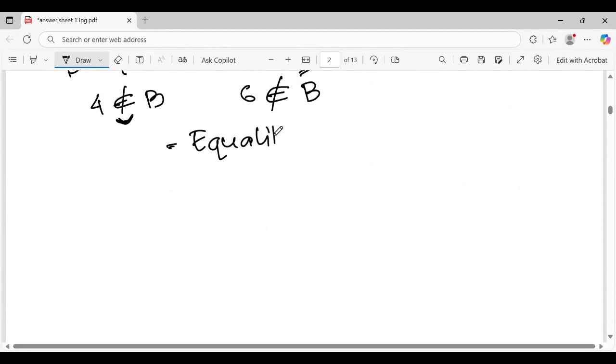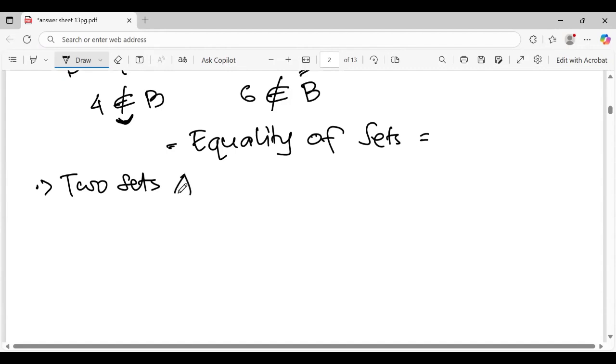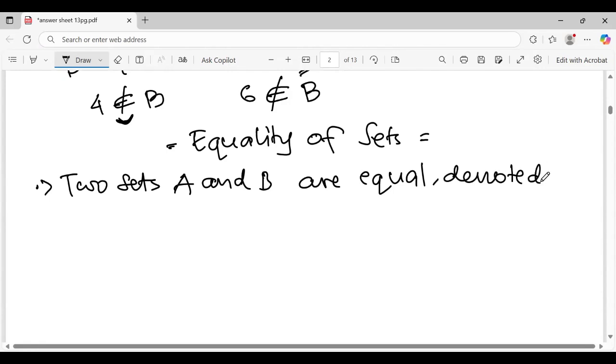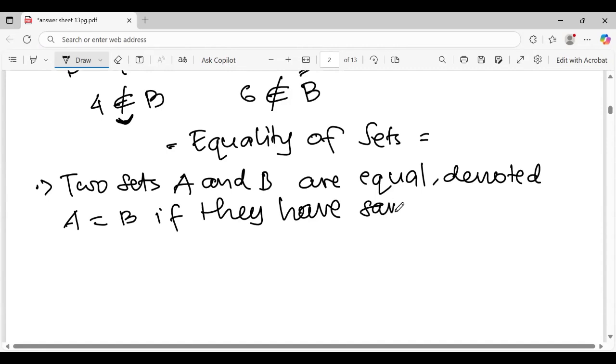Two sets A and B are equal, denoted A equals B, if they have the same elements or members.